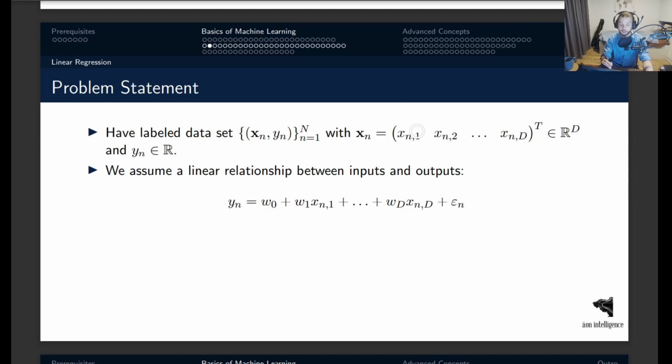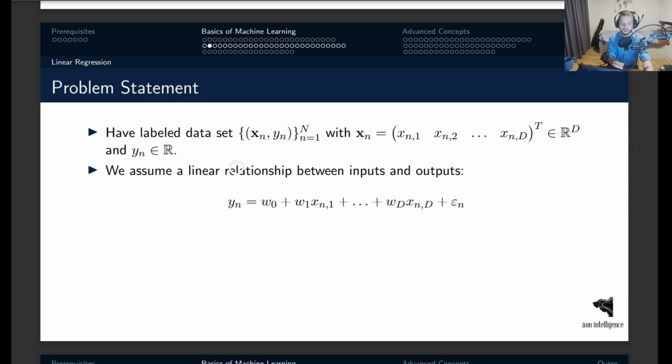The first entry, the first feature, we call xn1, the second feature we call xn2, and so on, until we reach the end of our nth feature vector, which is the dth feature, and we call that one xnd. And since we are in a regression scenario, our output labels yn are just real numbers.